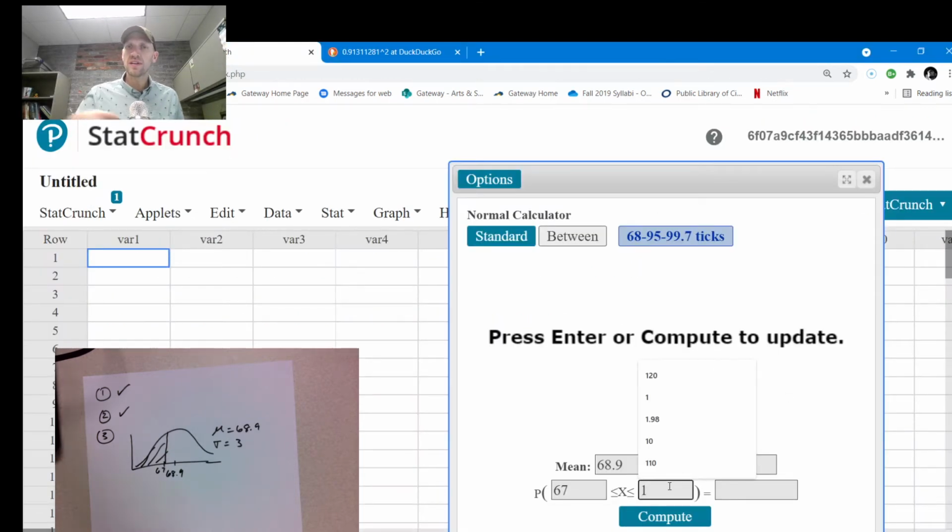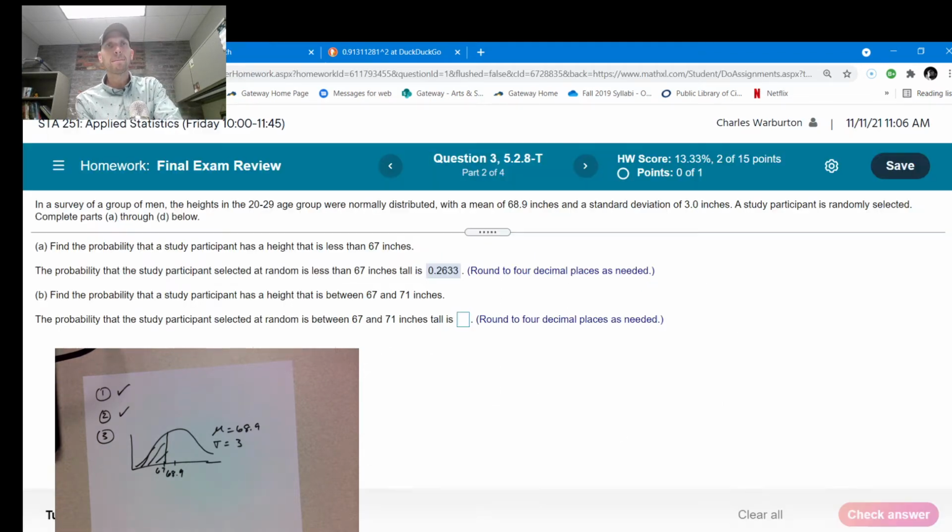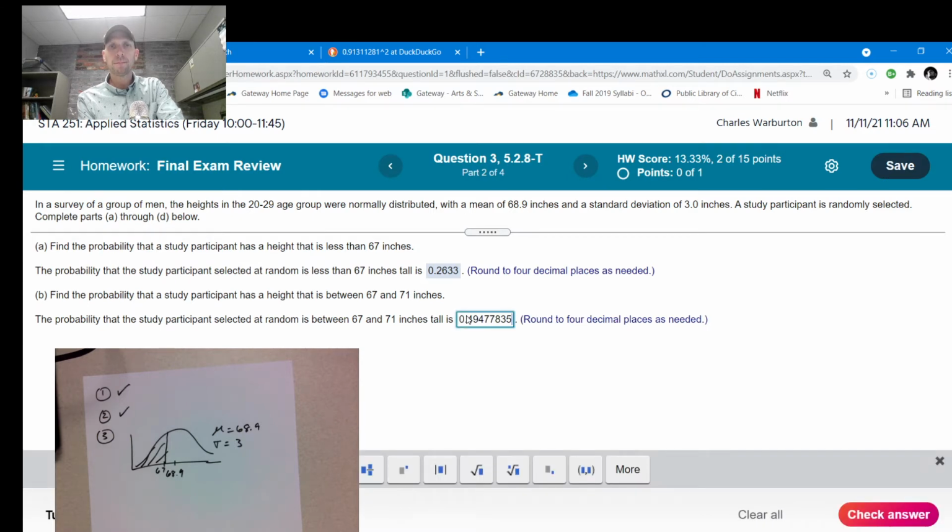Make sure you hit this between button up here. That's where it's at. All right, and there's the probability. Can copy and paste that. And to 4 decimal places. That should do it.